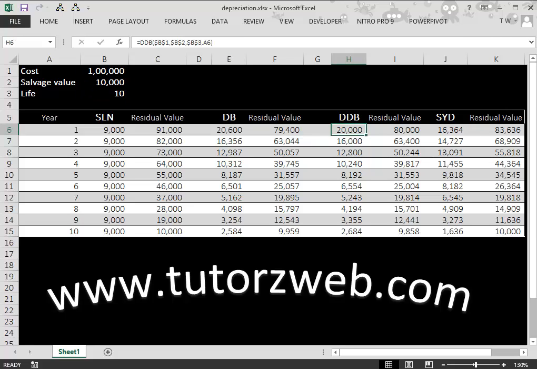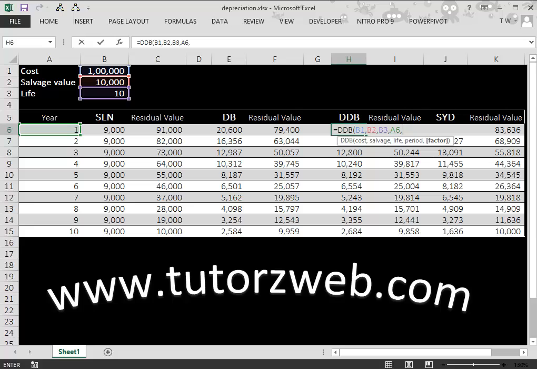The double declining balance method. Out of 5 parameters, 4 are similar to the regular declining balance method. The fifth parameter for the double declining method is rate. The period is here, and the factor or rate, it's an optional parameter.